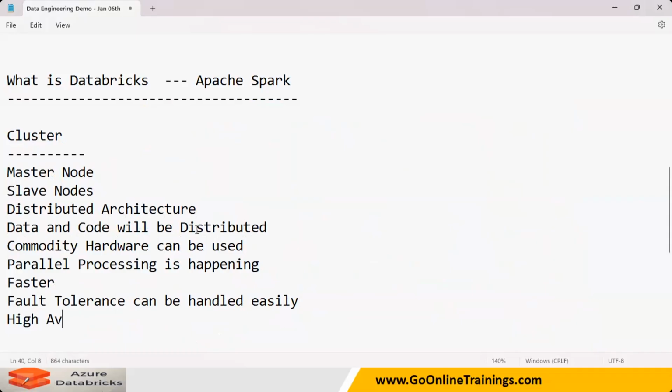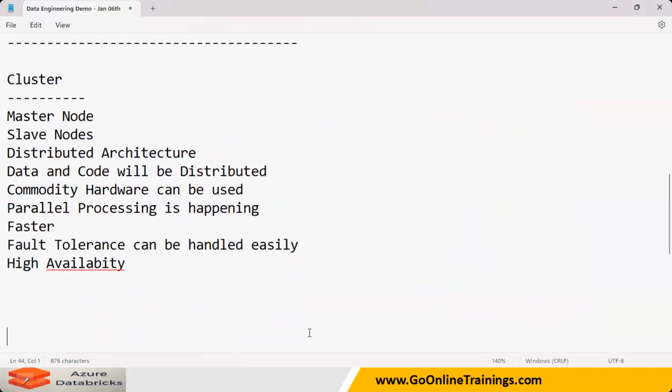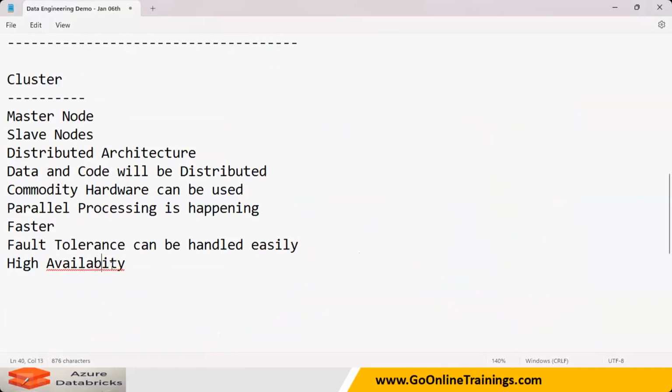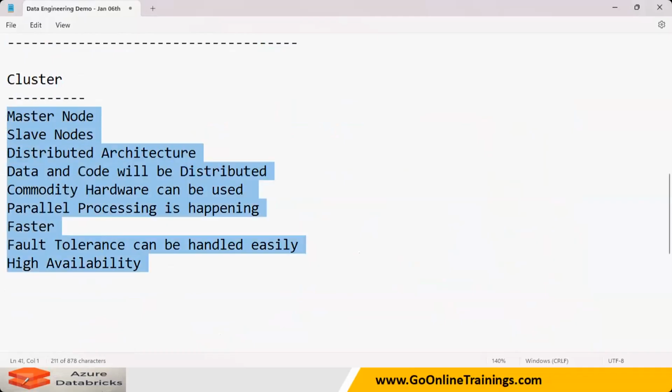If there is a problem with one machine, there is no problem at all. Remaining machines will be working together. High availability, fault tolerance, all of them are the advantages when you create a cluster.